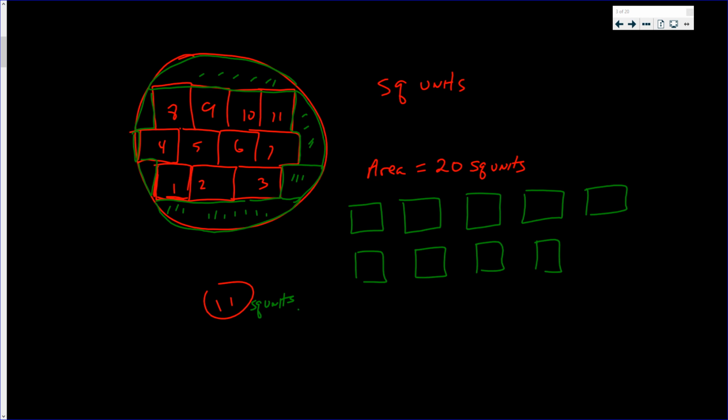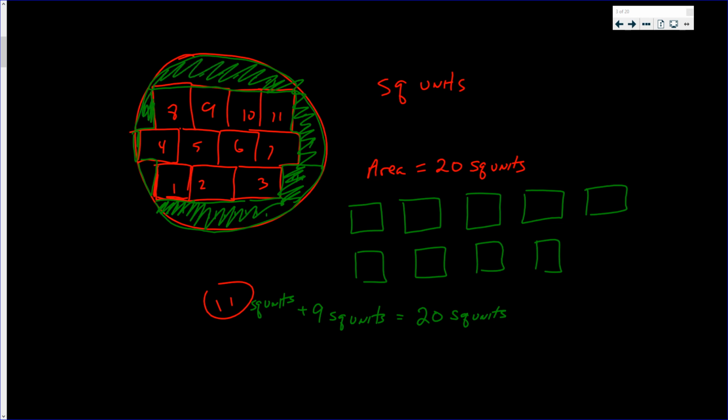And if you have 11 square units and you add the 9 square units, since we're adding, not multiplying, you'll have 20 square units. So this piece plus this piece plus that piece plus this here plus this little piece plus that piece, if you cut them up and pasted them together, you will literally get 9 more squares.